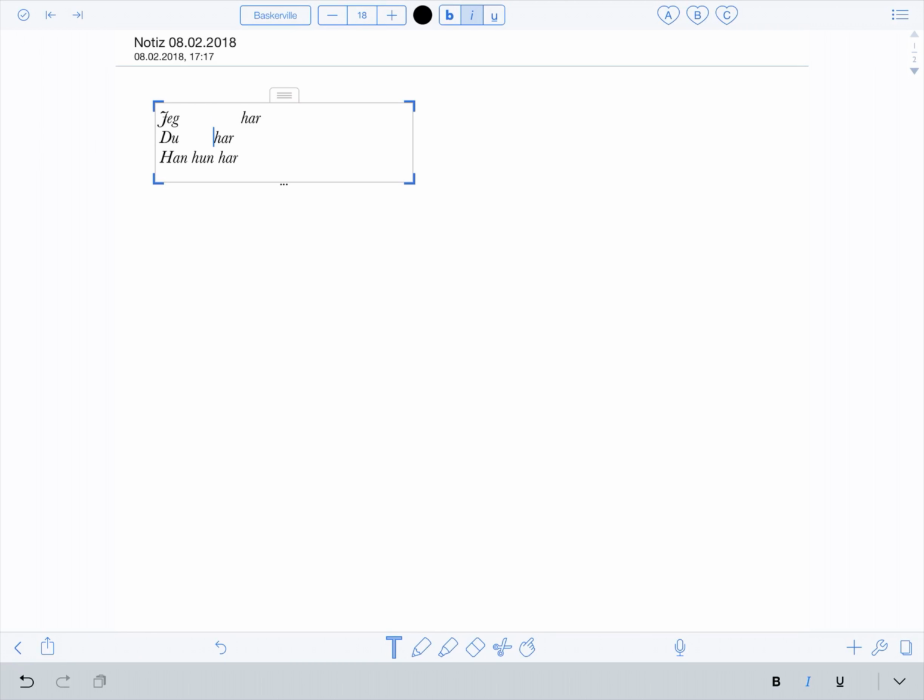As you can see here, I have is jeg har, you have is du har. But here's the first difference and the only difference between the Danish and the English verb inflection. Han, hun, den, which I haven't written, is still har.